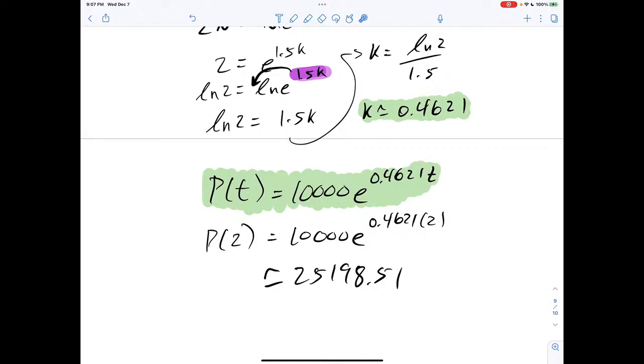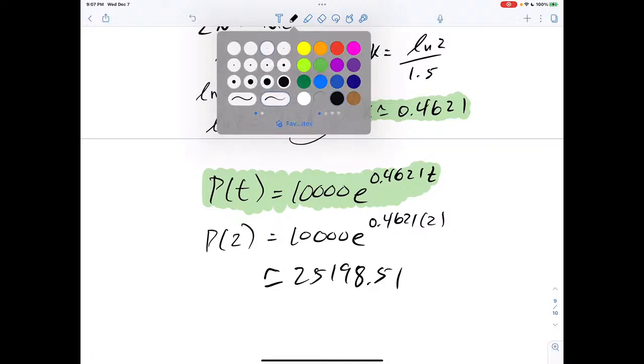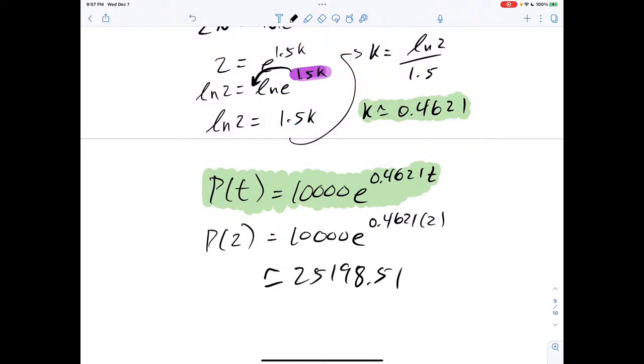Sub the numbers, and you get 25,198.51. Is that okay? Okay, great.